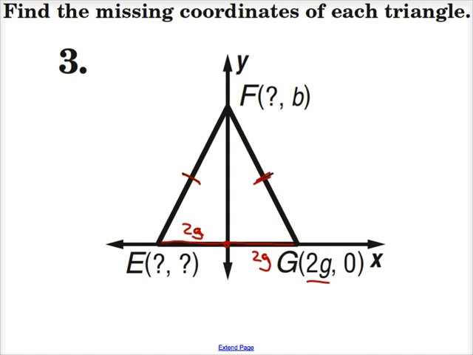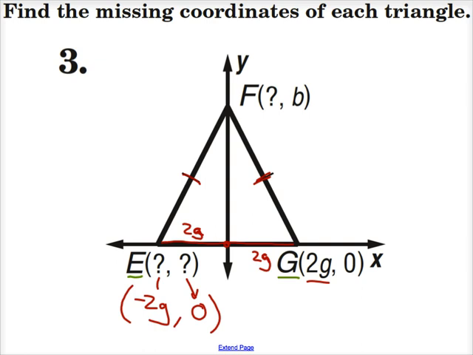However, it's 2g units in the negative x direction, and so the x-coordinate of E would be negative 2g. Since both point G and point E lie on the x-axis, that tells me that the y-coordinate would be 0. So E is at negative 2g and 0.